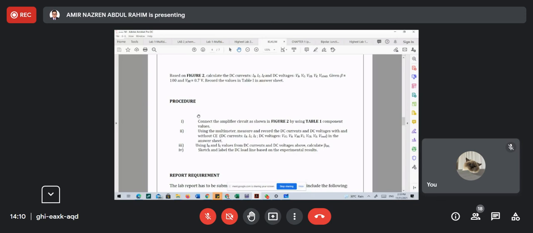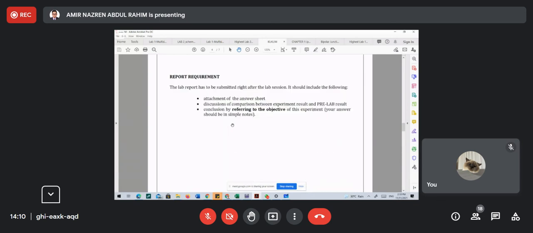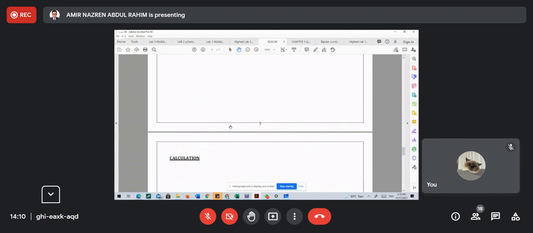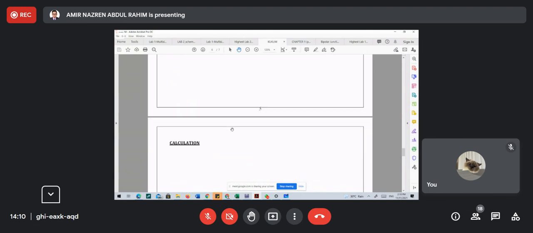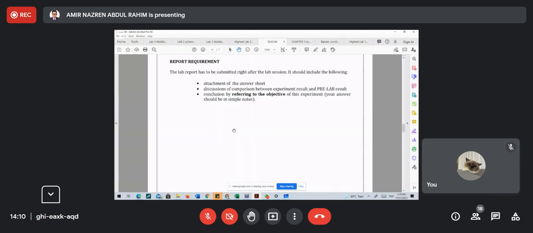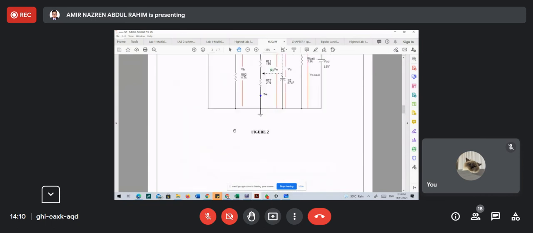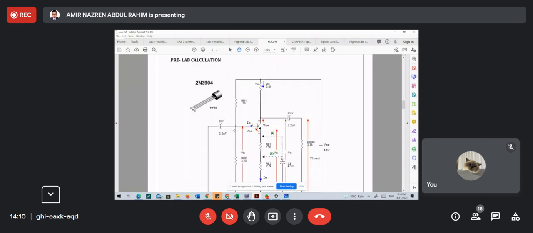Before we proceed with the procedure to implement in Multisim, we need to do the pre-calculations. So how do we do that? The first procedure that we have learned from Madam Maya is that we need to open the coupling capacitor.